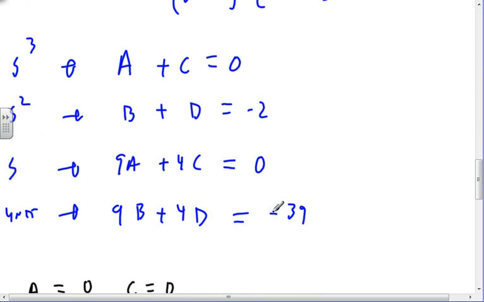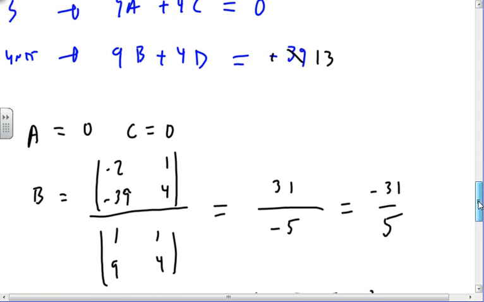Okay, and this is going to be a positive 13. So now I've got 8 minus 13 is 5. So this becomes a minus 1.